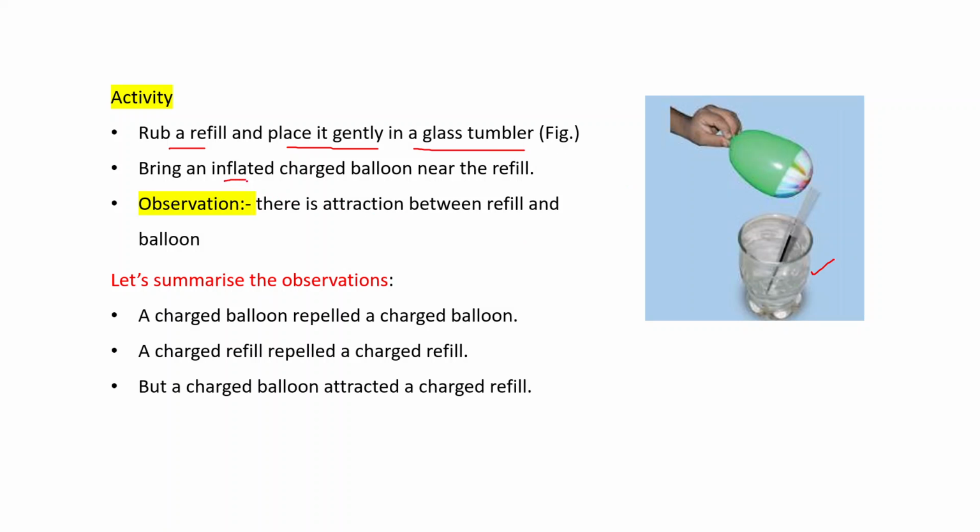Bring an inflated charged balloon near the refill. This is charged balloon. Bring it near to this refill. Now what will you observe? We will observe that there is attraction between refill and balloon. Okay, so let us summarize the observations. A charged balloon repelled a charged balloon. A charged refill repelled a charged refill, but a charged balloon attracted a charged refill.